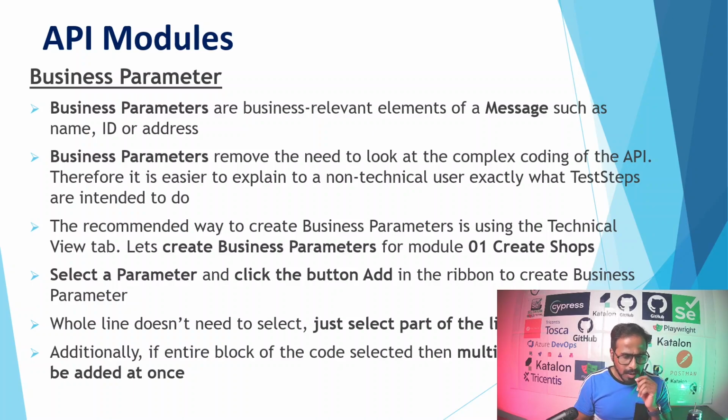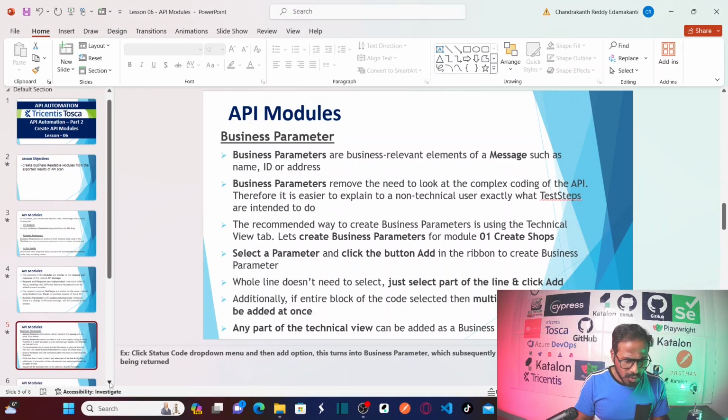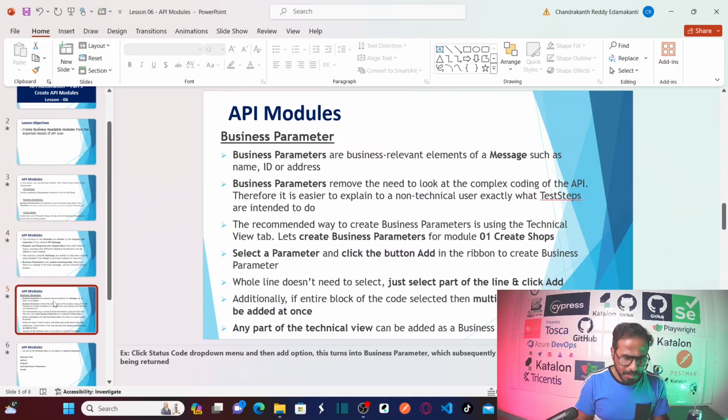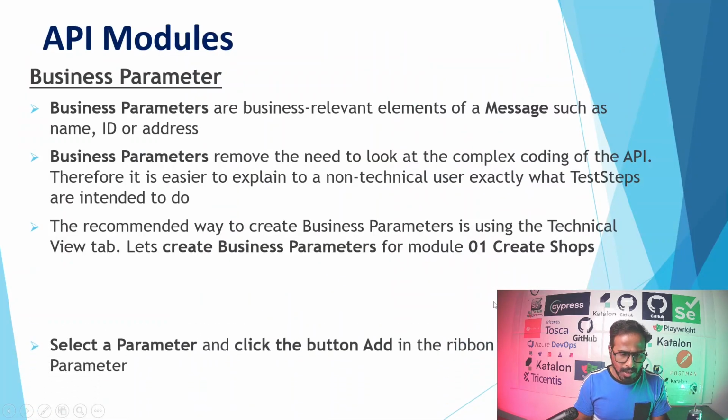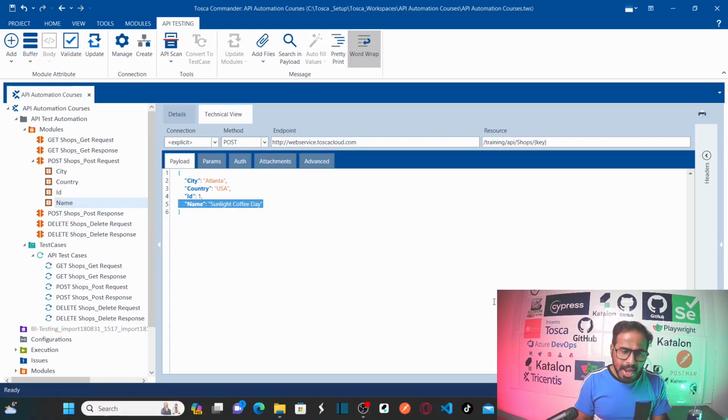Then let us go to our slide 6. Okay, so before we go to slide 6, let me also show you one more thing. We added business parameters, but you can add business parameters not only from the elements that are present in your technical view, but also from the response.